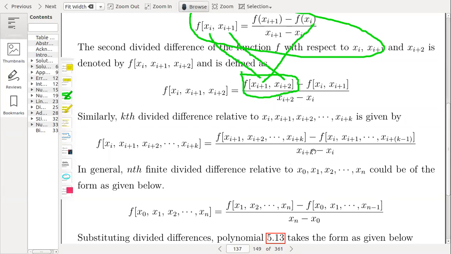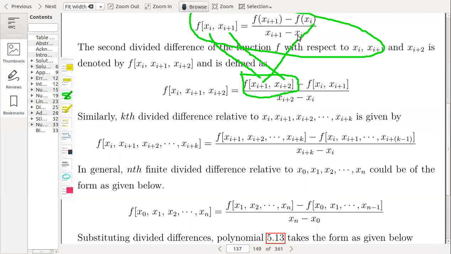So this is the difference between the last point in the domain and the first point. Similarly, if you look at these points, the first point is xi and the last one is xi+2, so the difference is xi+2 minus xi.